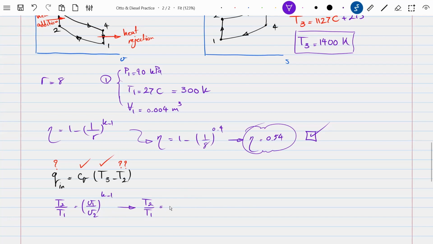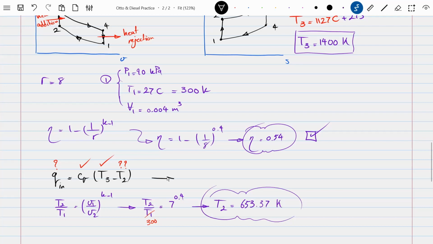So the compression ratio is going to be 7 raised to 0.4. T1 we know is 300 Kelvin. And so you get that T2 is 653.37 Kelvin.